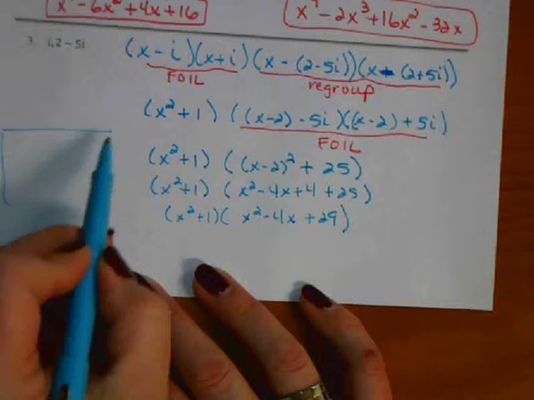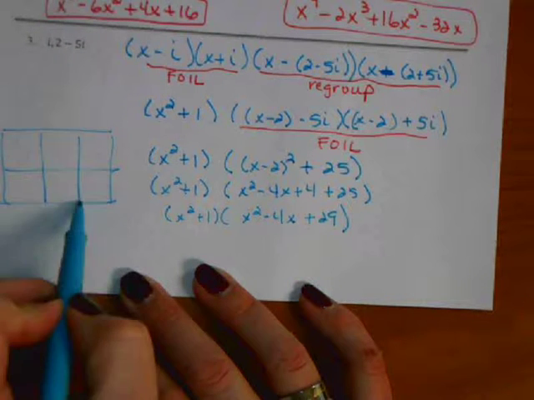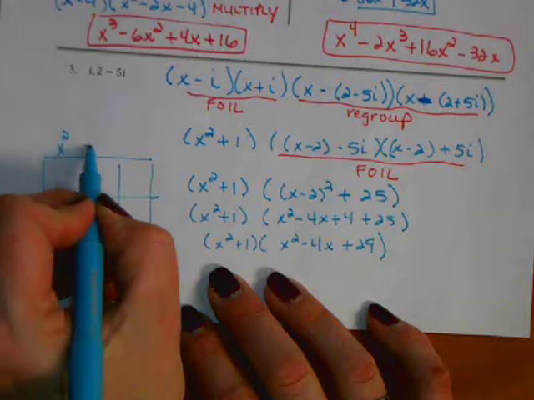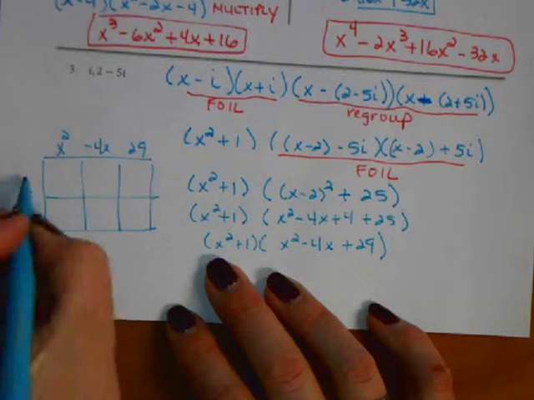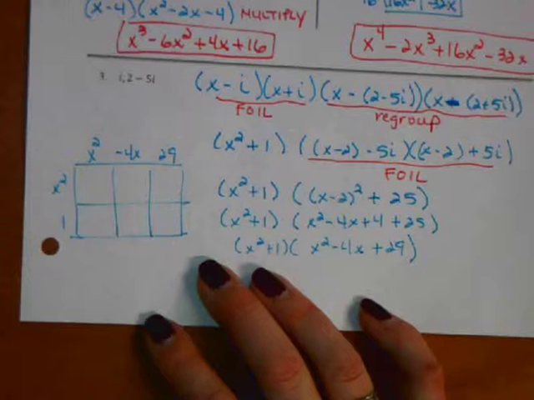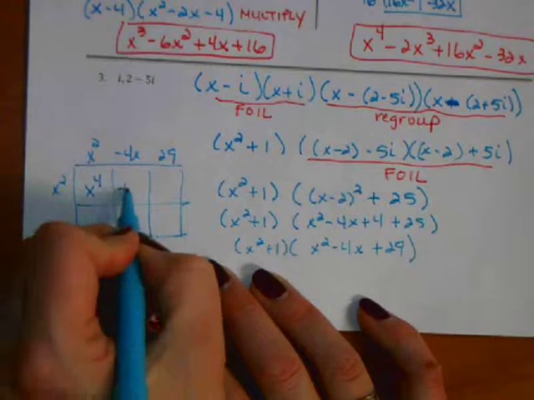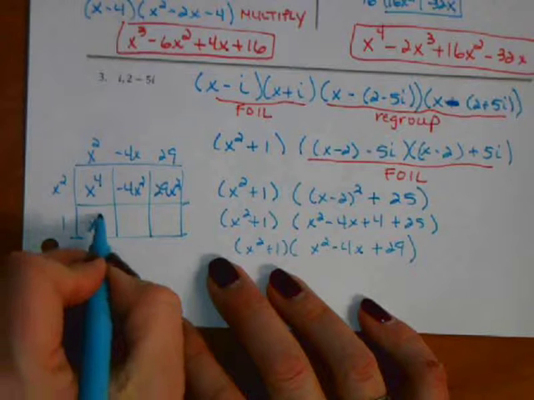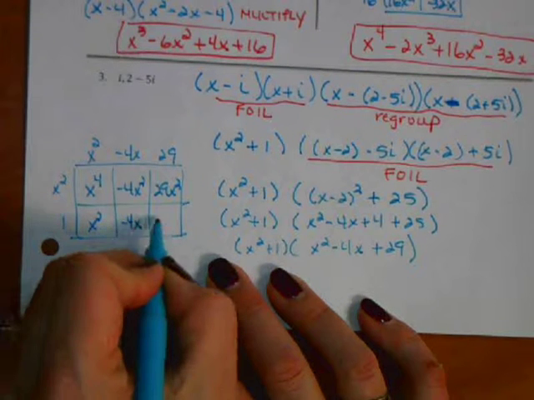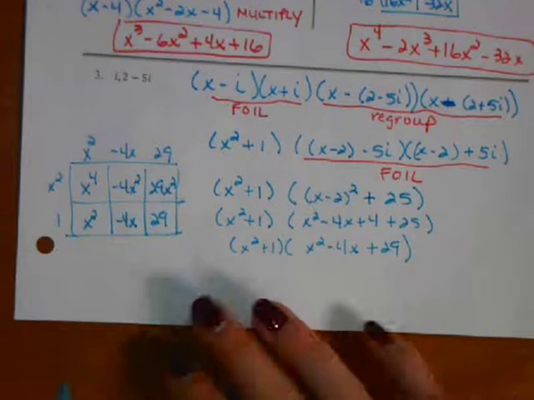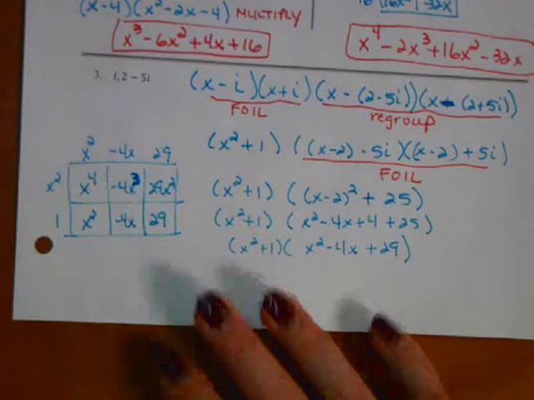I would set up the box at this point, or if you prefer FOIL, FOIL. So then you go around and you multiply all of those together. There's some combining. I did something wrong. This is a cubed here.